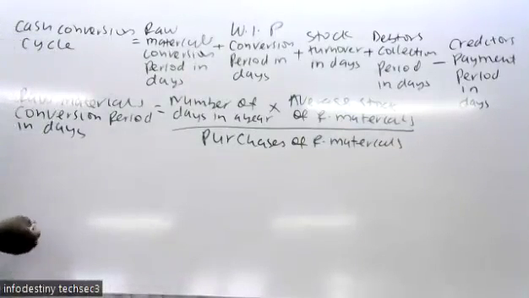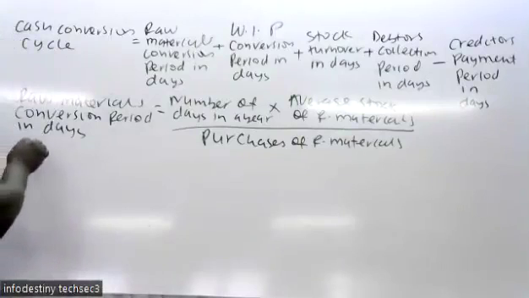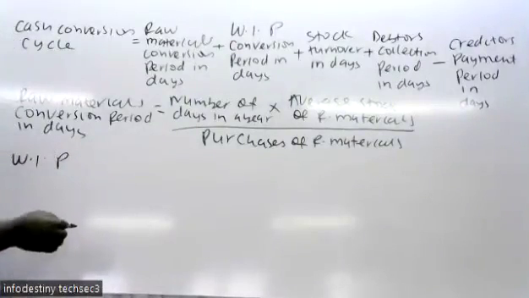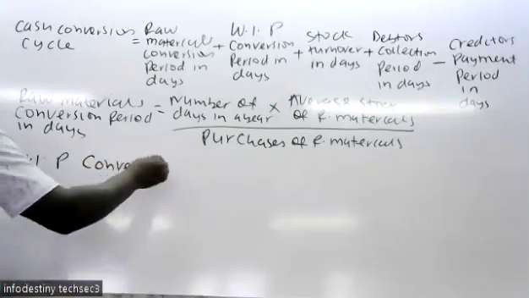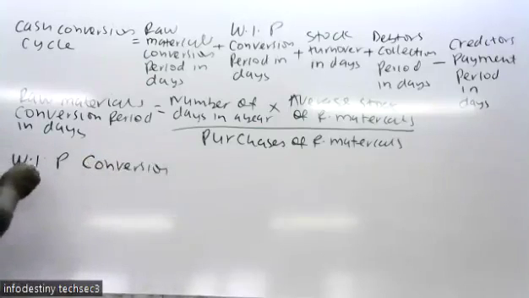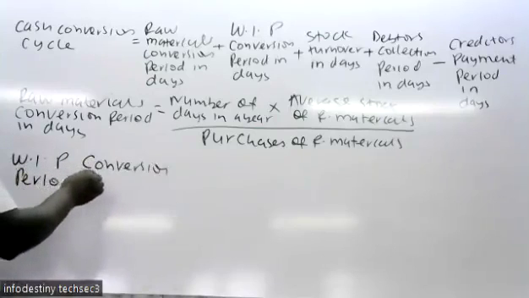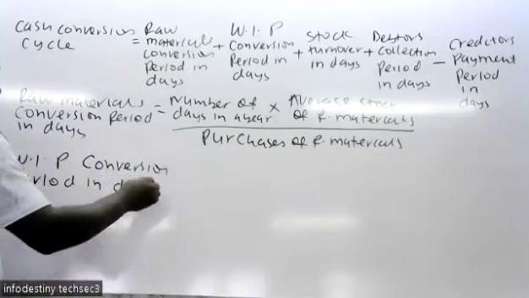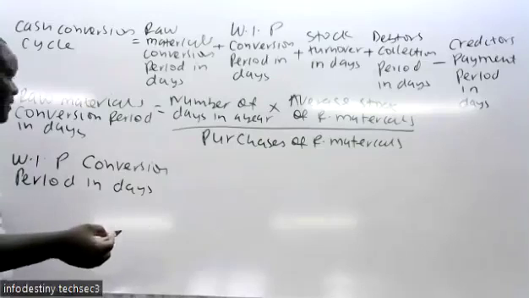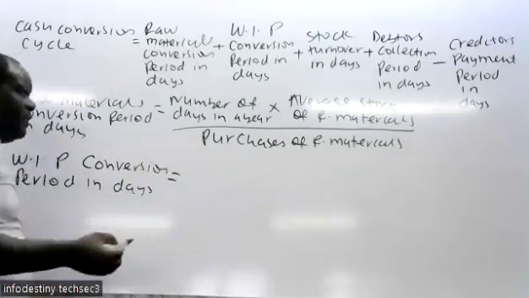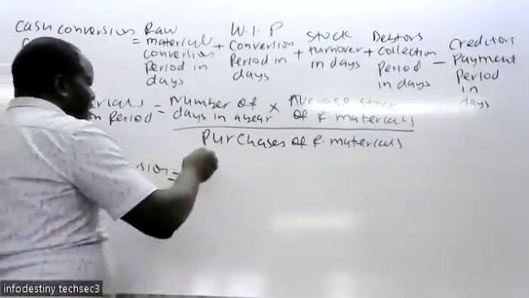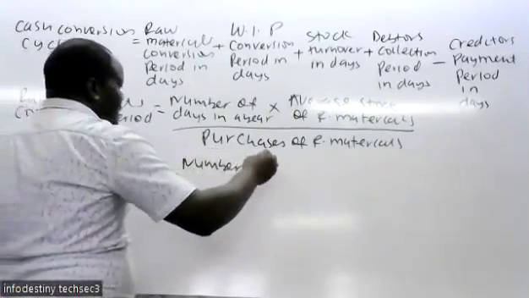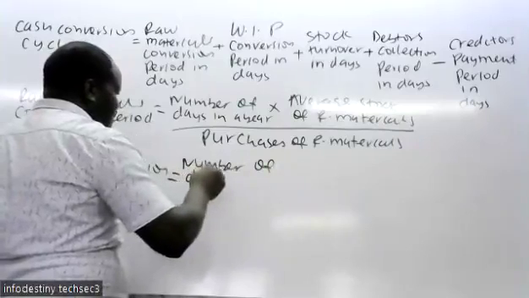Then work in progress conversion period will also be given by number of days in a year.